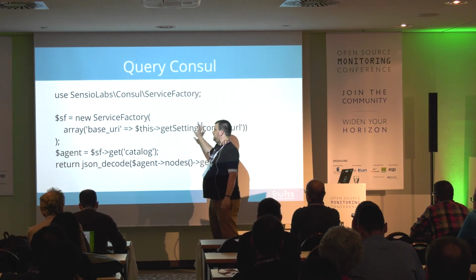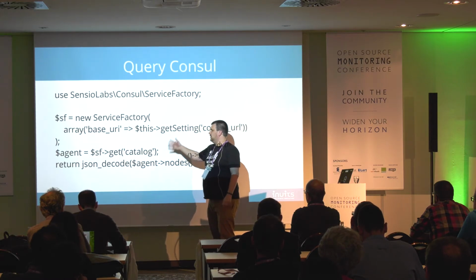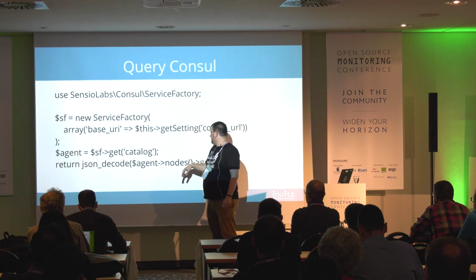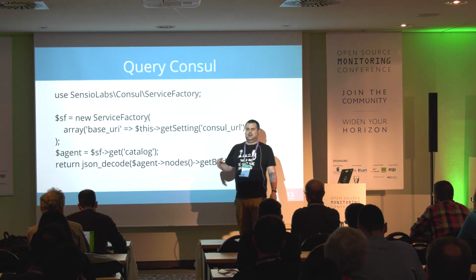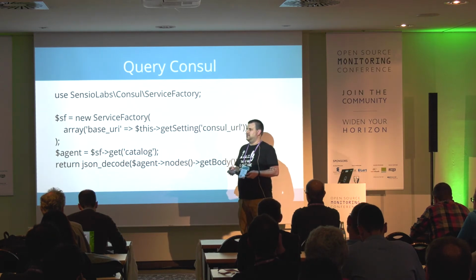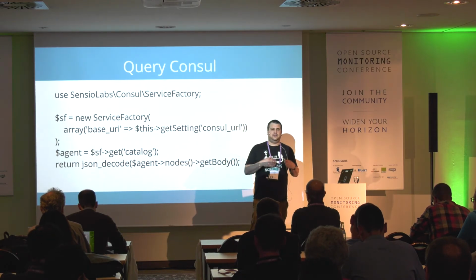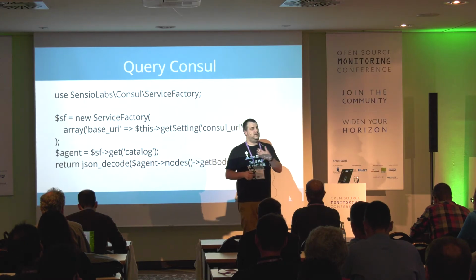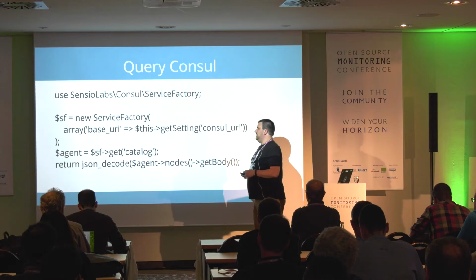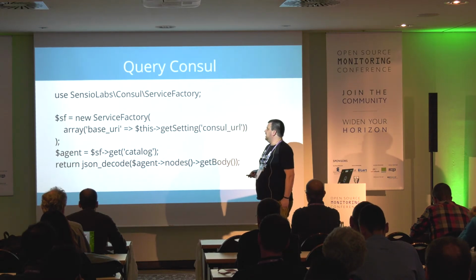It creates this factory, goes to Consul, requests the catalog, and asks, can I get all the nodes that are currently in the catalog? The catalog is where Consul does its administration. That's where it knows where the services are, where the nodes are, and where the checks are. So I just ask where all the nodes are, and then it gets passed into Director.